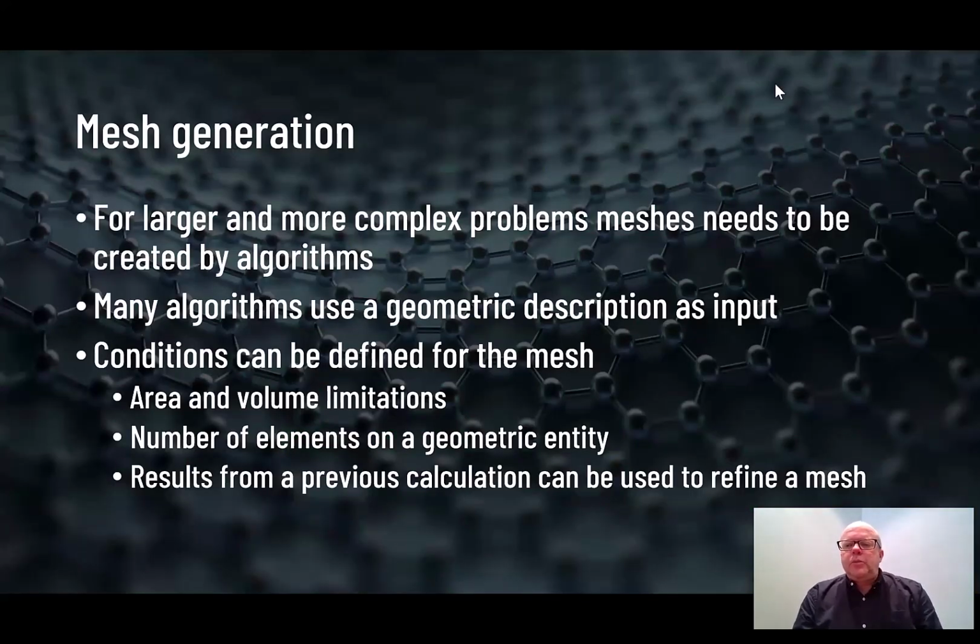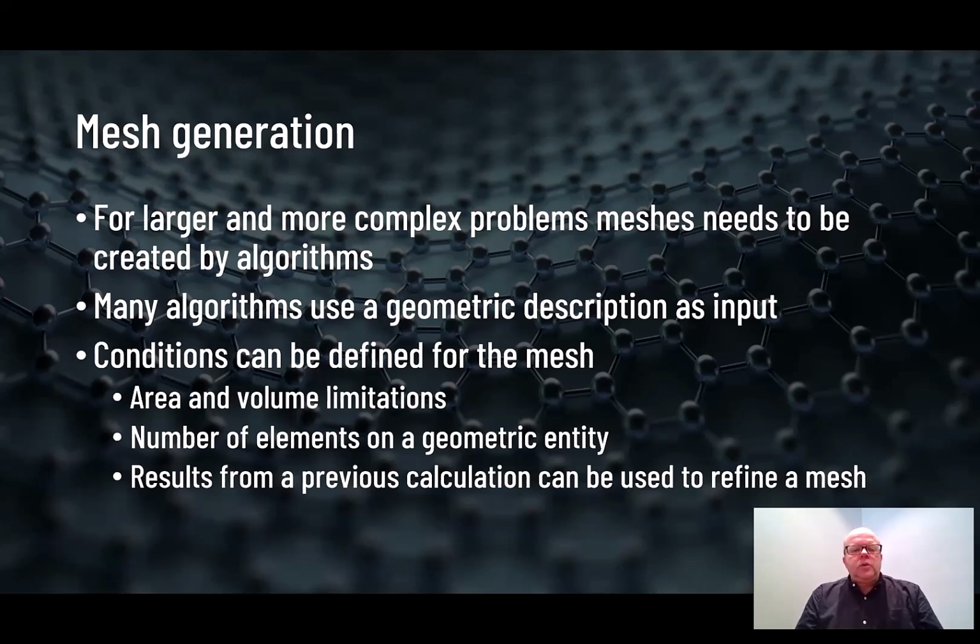So for larger problems, for a larger model, you need some tools to generate the mesh, basically some kind of algorithms to take a geometry and create elements of different types from that geometry.